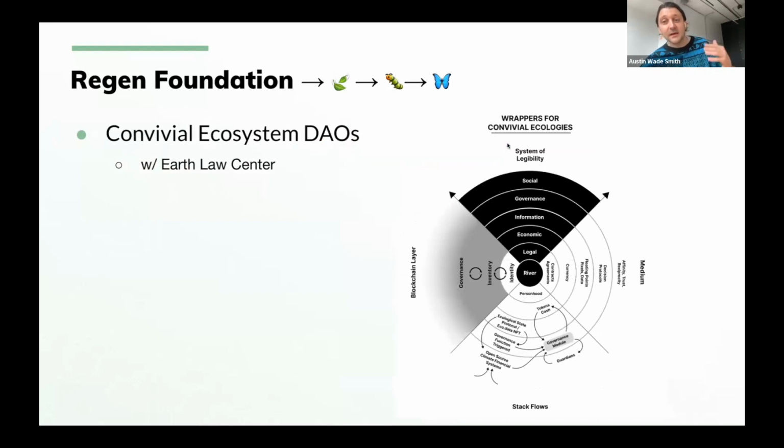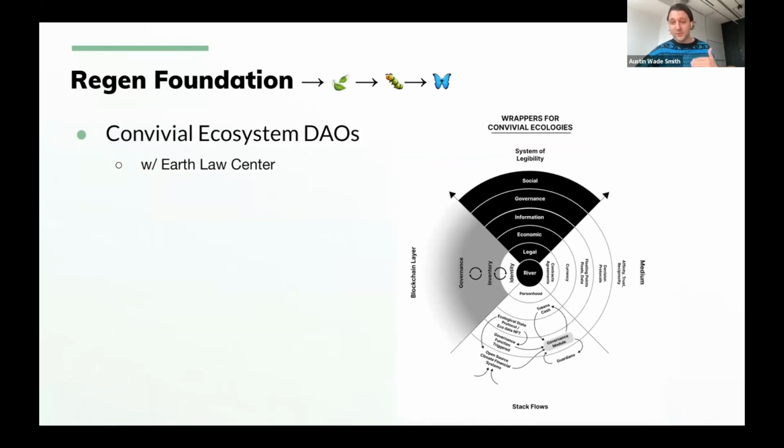Okay, and then last, there's a number of programs specifically around different kinds of DAOs and new research domains within regenerative DAOs. This is a recent paper authored by the Foundation and the Earth Law Center, primarily the director of the Earth Law Center, Grant Wilson, that looks at the possibility for economic and informatic primitives, basic functions around economy and information technology, that could be added to the notion of legal personhood and the rights of nature movement.